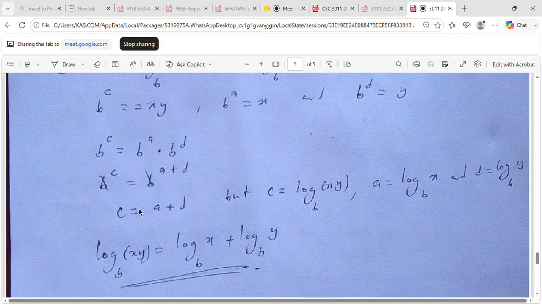Then you say, okay, before the equal sign we have a C, but C is that, so you replace back. A is basically that, you replace back. Then there is plus here, this plus is basically that, then D is that. That's how you show that part.